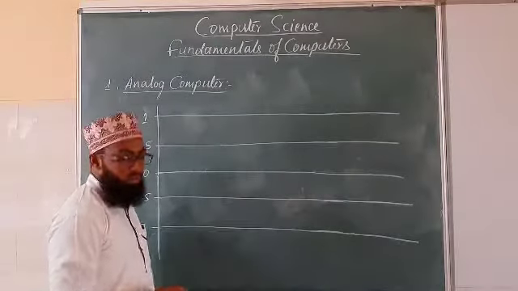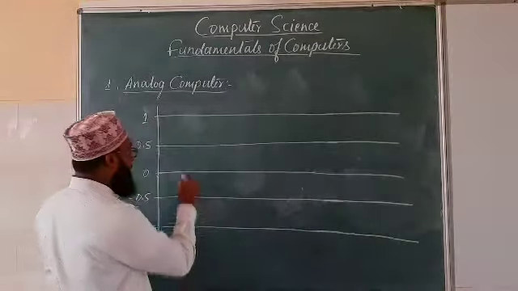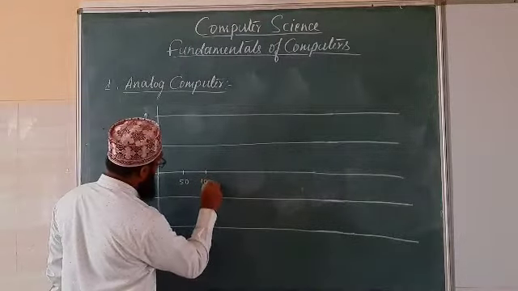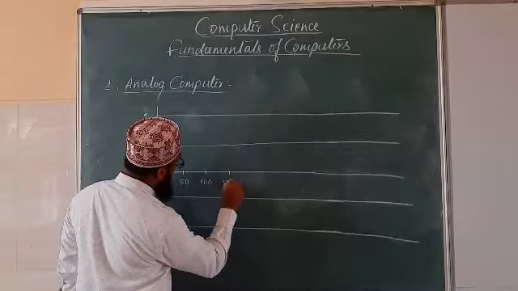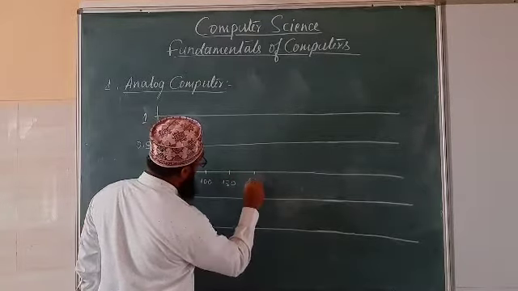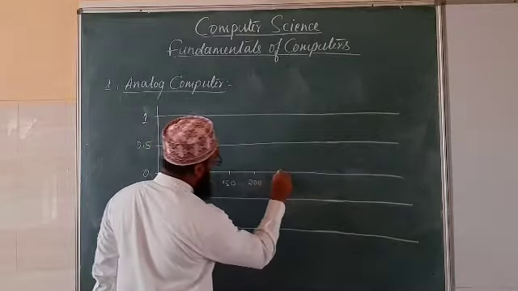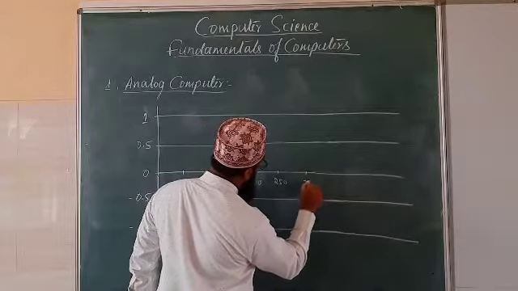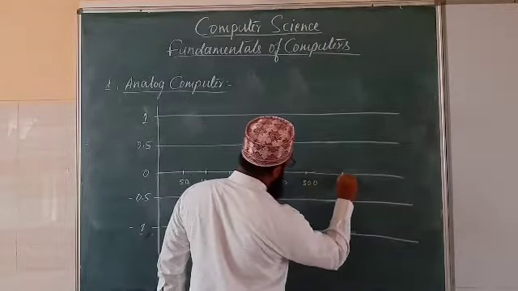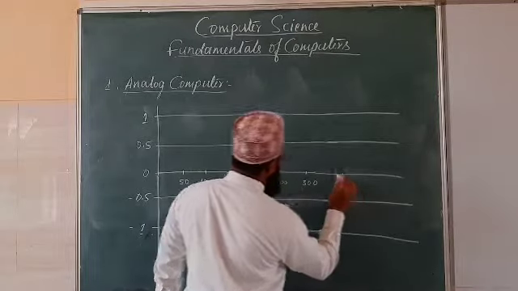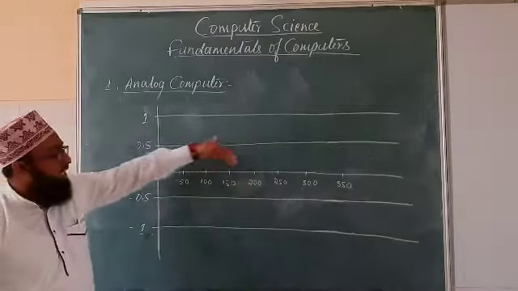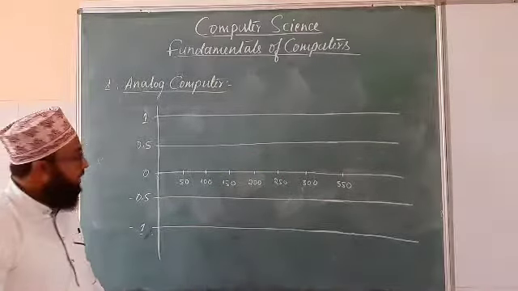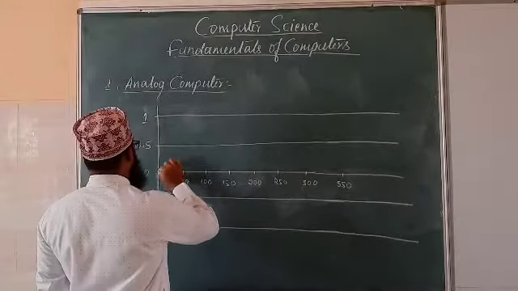Take values from here now. See, 50, then 100, then 150, then 200, then 250, after that 300, then 350. I have given a little variation gap there. Now this should be like this.